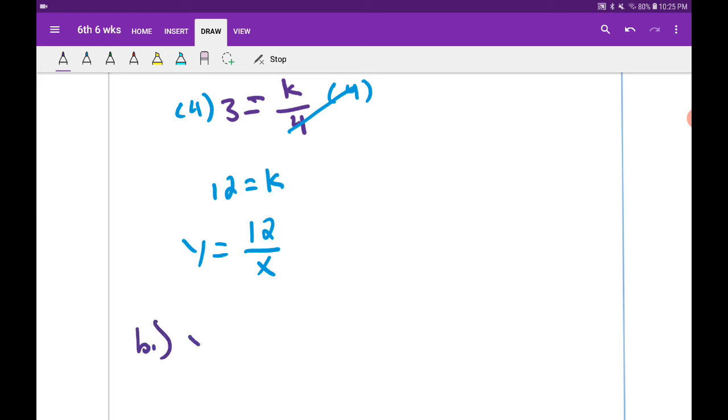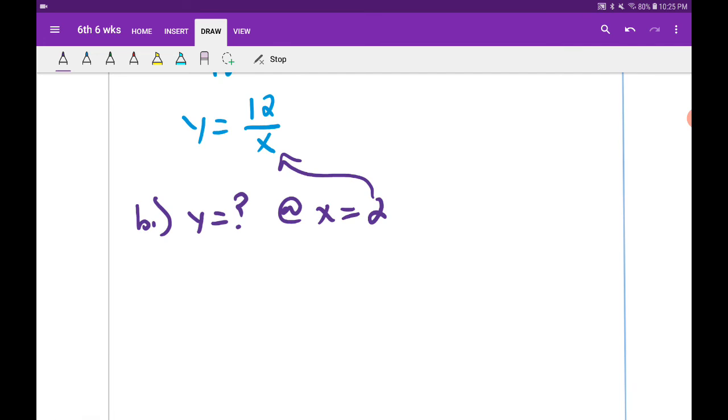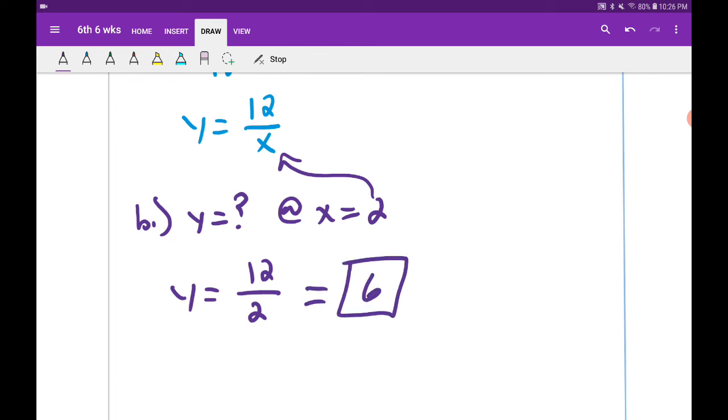So in part B, what is y at x equal to 2? All right, and all we're going to do is put 2 into this x here. All right, so we'll have y equals 12, substitute 2 into x, real easy fraction, y equals 12 divided by 2, and that is 6. Okay, so very simple.